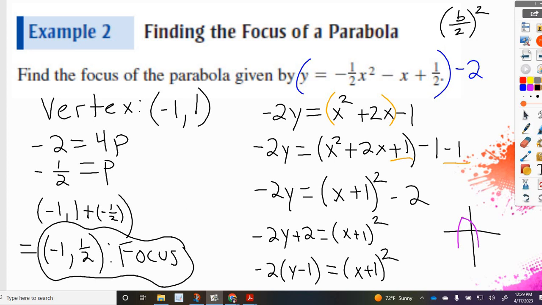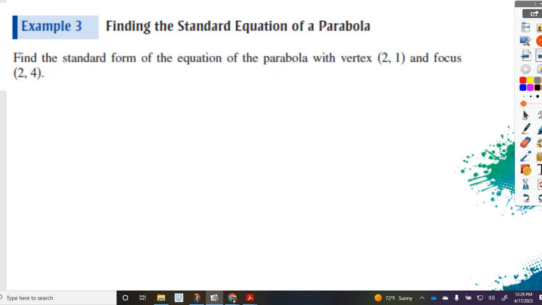Now let's graph it. One more equation. So find the standard form of equation of a parabola with vertex 2, 1 and focus 2, 4. What quadrant is our vertex in?